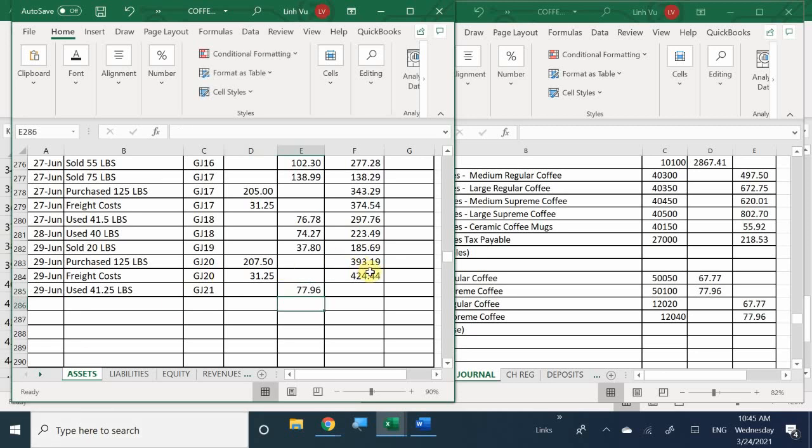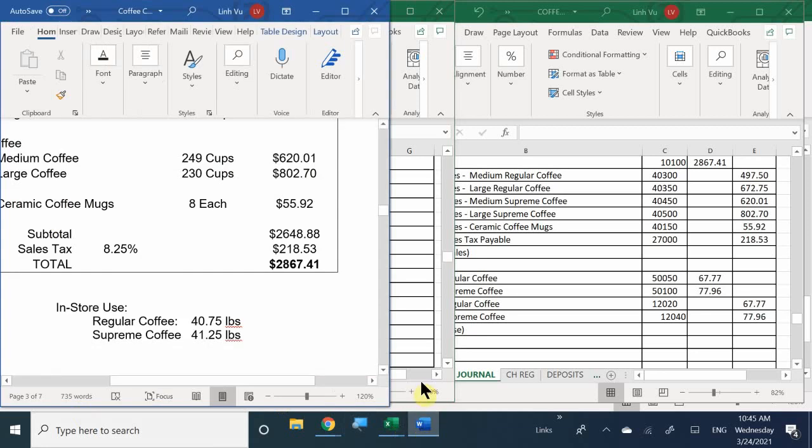So what is my ending balance? 346.48. Which is exactly what we solved for in our inventory worksheet. Okay. Then what's next?